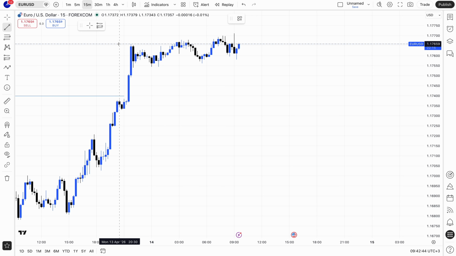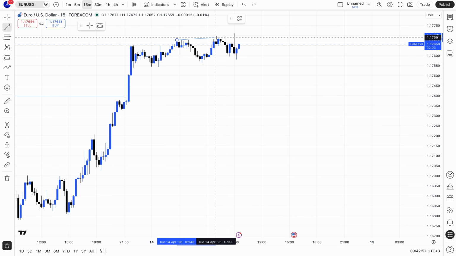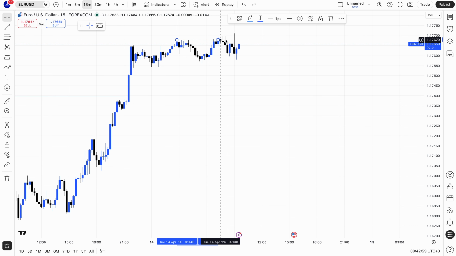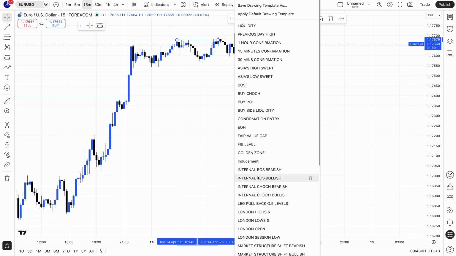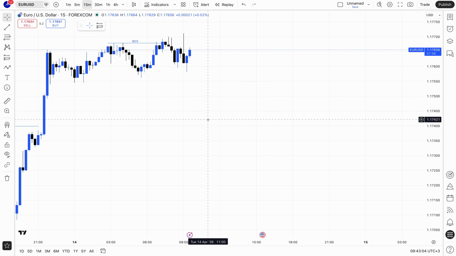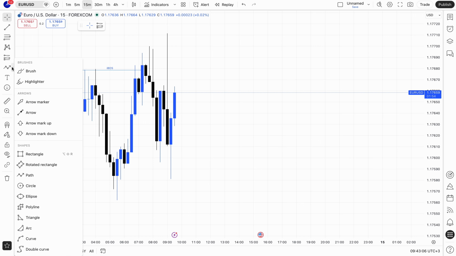Then after that, had our pullback here. Then you have our break of structure to the downside.